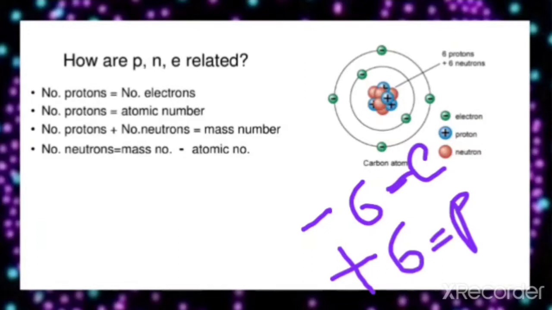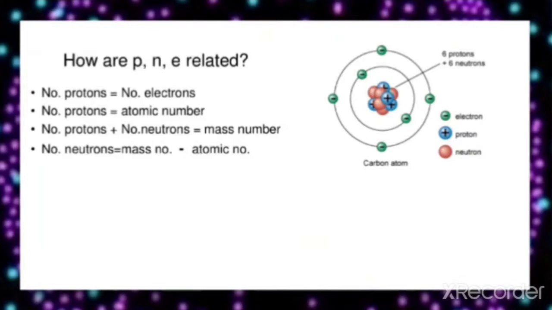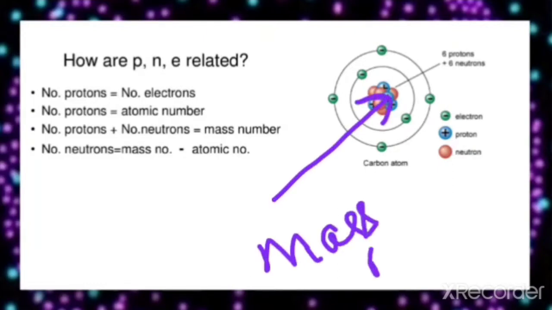Whatever the number of neutrons, the neutrons are the particles which have no charge and are present in the nucleus. So when we take the sum of the number of protons and neutrons present in that nucleus, that gives rise to the mass number.